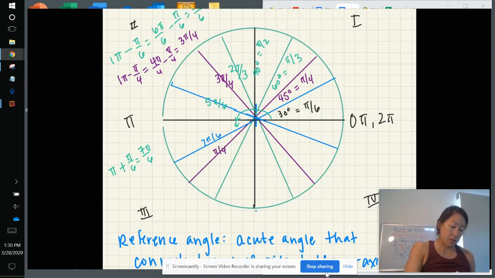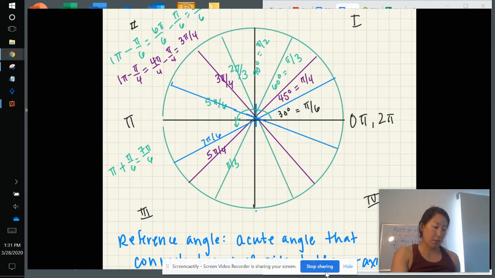All the greens are over 3. The purples, because we're moving one purple sliver past the negative x-axis, we're going to add 1 to the numerator. So 4 plus 1 gives me 5. The green, we're going to take our denominator, 3, add 1, that gives me 4. So that would be 4 pi over 3.